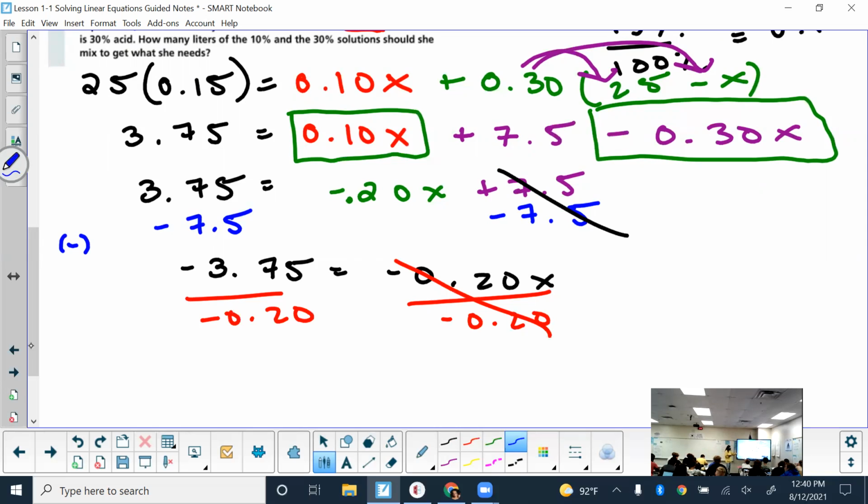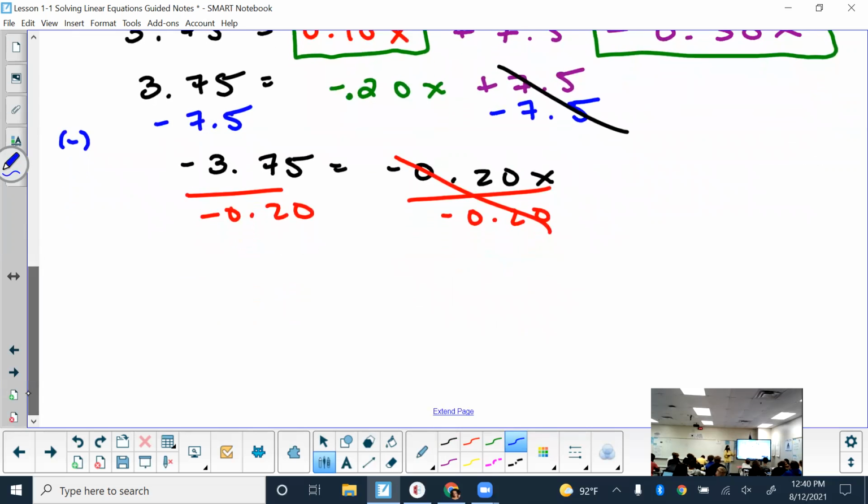Or just know, a negative divided by a negative is always positive. 18.75. Good. If you entered it correctly, you should get 18.75. But don't put the subtraction button in your calculator because you won't get that. Everyone should be practicing entering that, so you know how to use your calculator on the test.